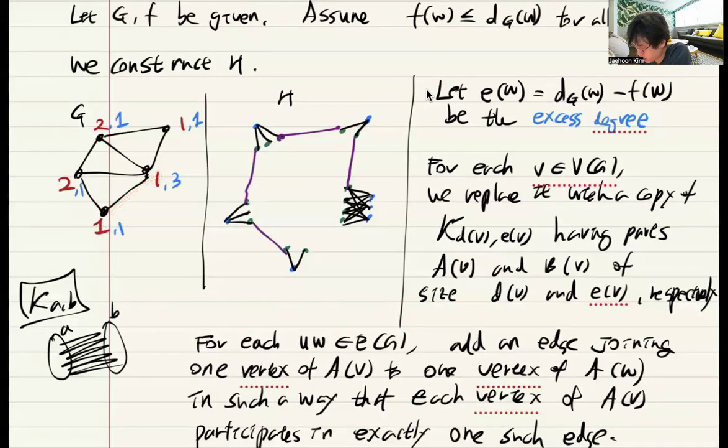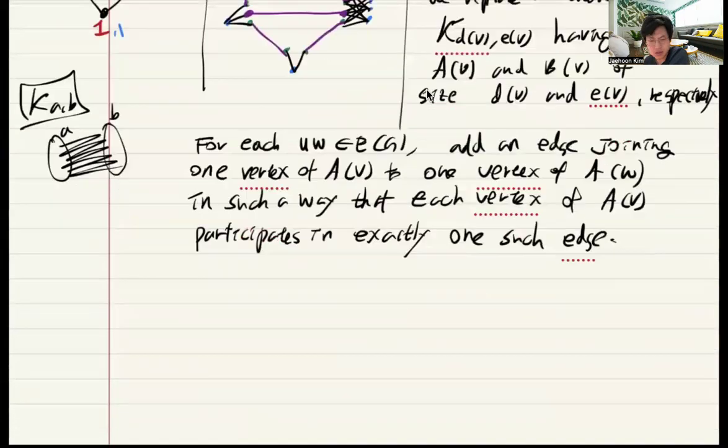For this, you choose one of these which is not used, which is this. You choose one of these which is not used, let's say this. And for this set, you choose one that's not used, you add this. You choose one that's not used, you add this. So you get this graph H.